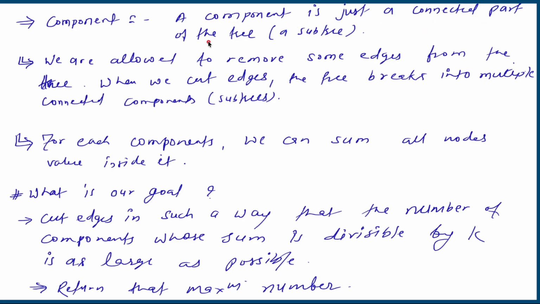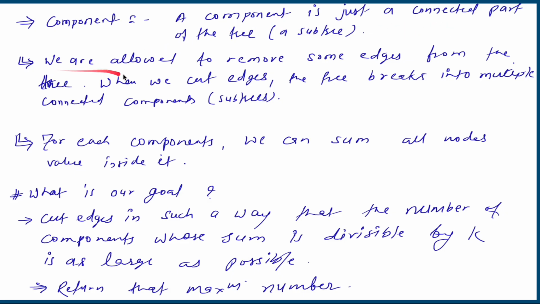It is not a separated component. A component will be a part of a tree, which we can call a subtree. For example, if we separate a node from its children, that becomes a separate component. But if you are considering not the root but other roots, that is called a subtree, and that is a component. So all the components are connected.